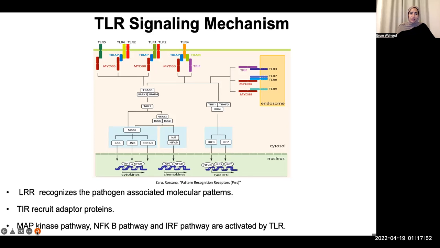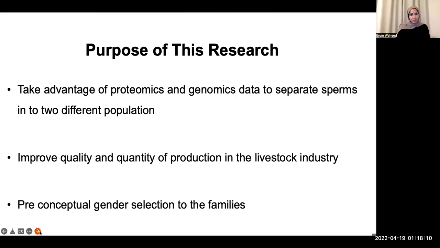This results in the activation of cascades of reactions, including the MAP kinase pathway, nuclear factor kappa B pathway, and interferon pathway, which result in the production of pro-inflammatory cytokines and chemokines.